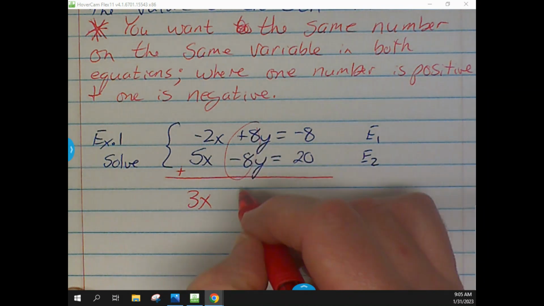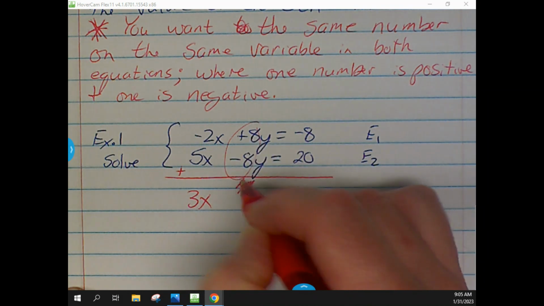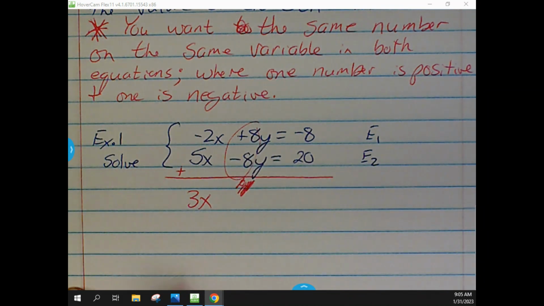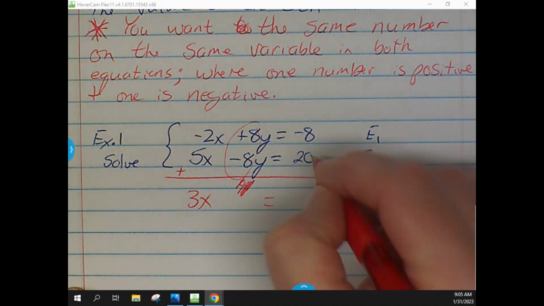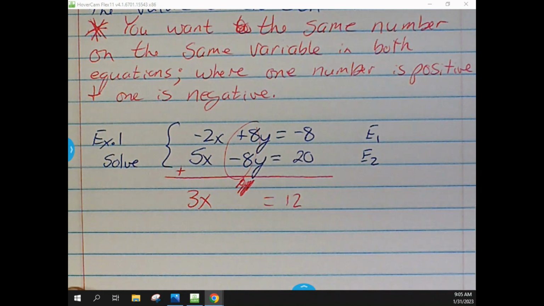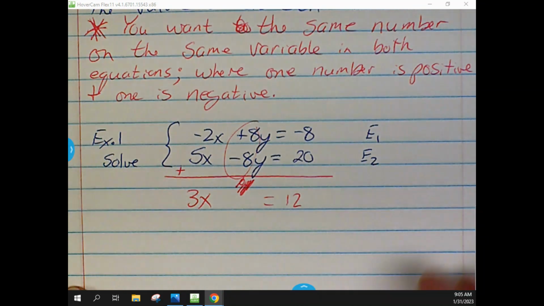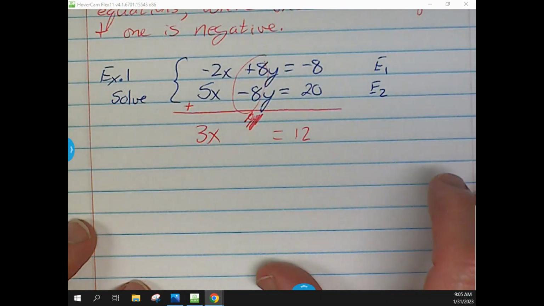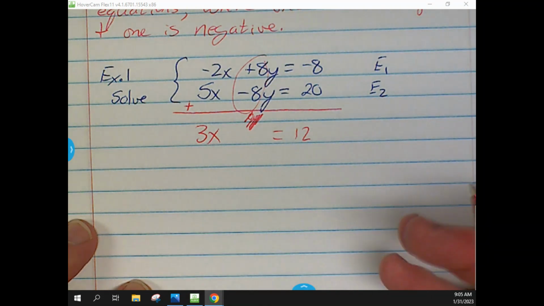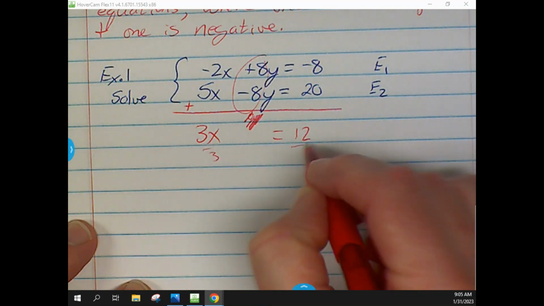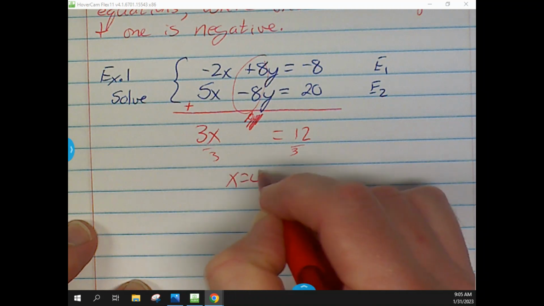You've got 8 minus 8, which is 0y, which is what we want because now that's just gone. So it's 3x plus 0, which is just 3x, equals 20 minus 8, which is 12. All right. If you got 3x equals 12, pretty easy, right? Just divide both sides by 3, and we got x equals 4.